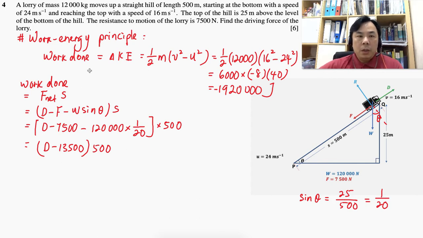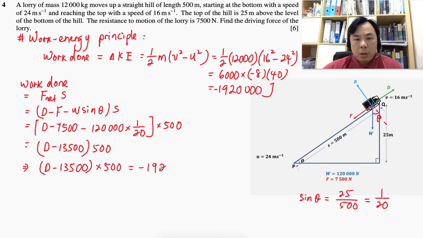And then this work done, based on the work energy principle, should be the same as the change in kinetic energy. Therefore, we have D by 500 is equal to 1,920,000 here.